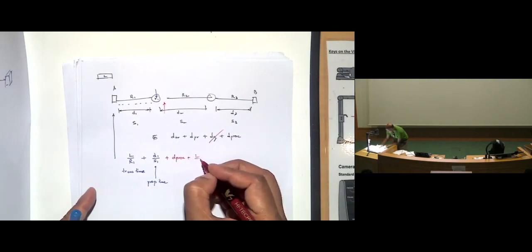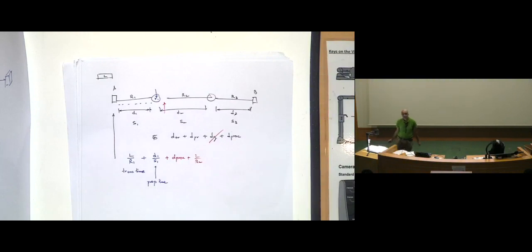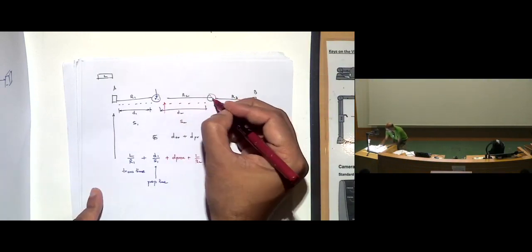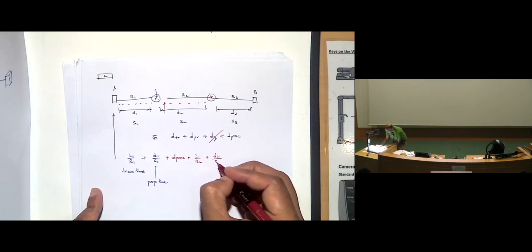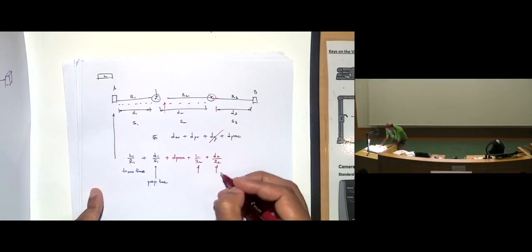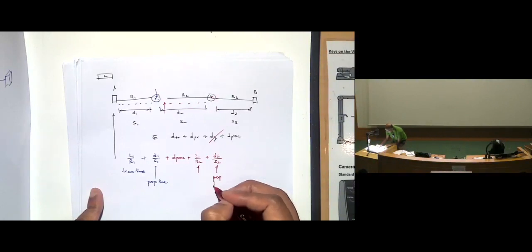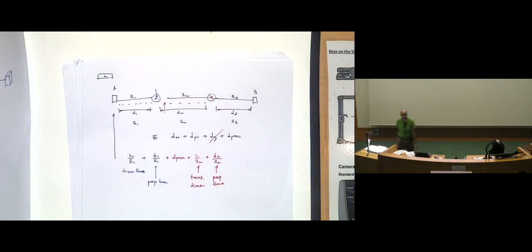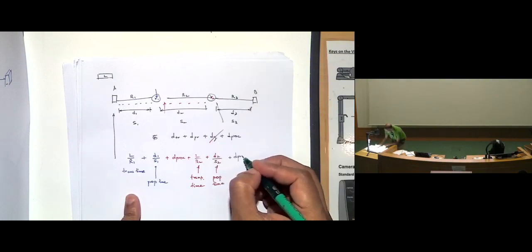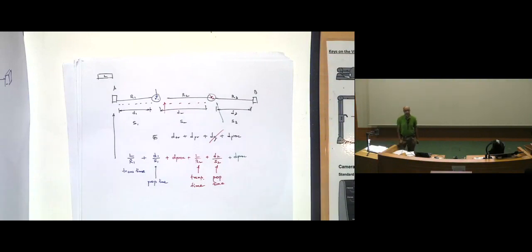That transmission will take L over R2, and then it has to propagate all the way to the second router. Once my packet has reached the second router, again I have a processing time.